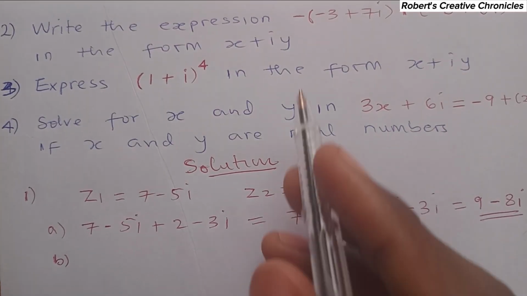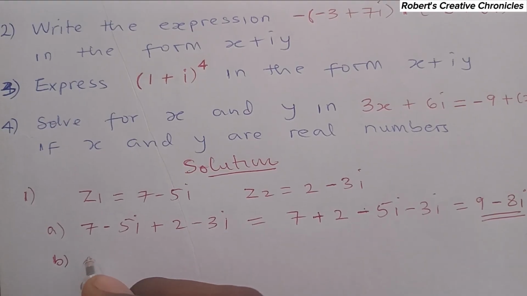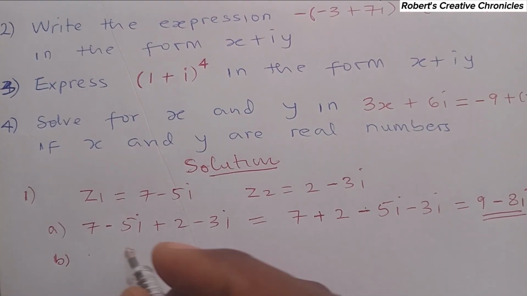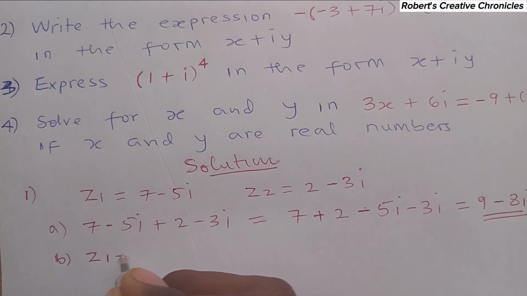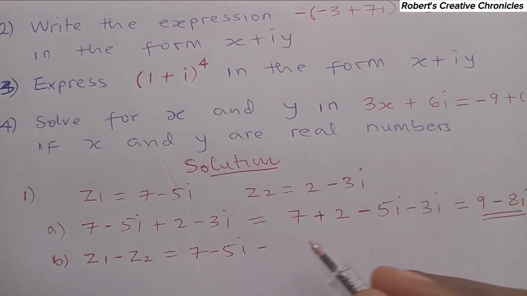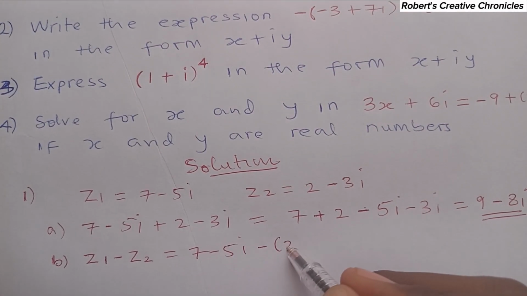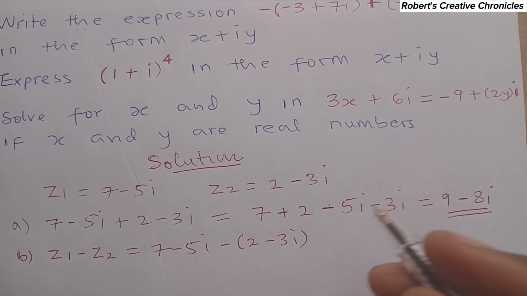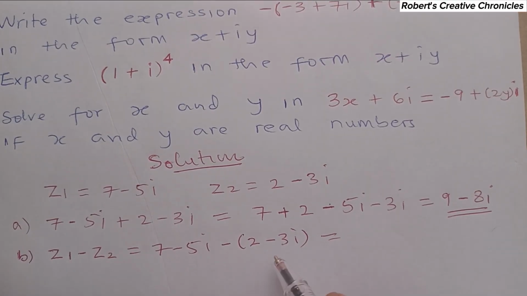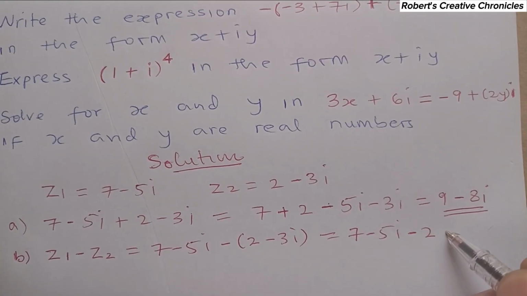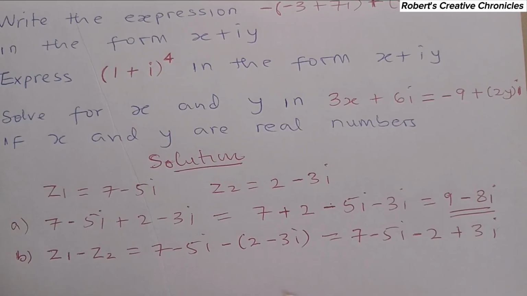The second one is z1 minus z2. So this is z1 plus z2. Here is z1 minus z2 equals 7 minus 5i minus z2, which is 2 minus 3i. So this will become 7 minus 5i minus 2 plus 3i.